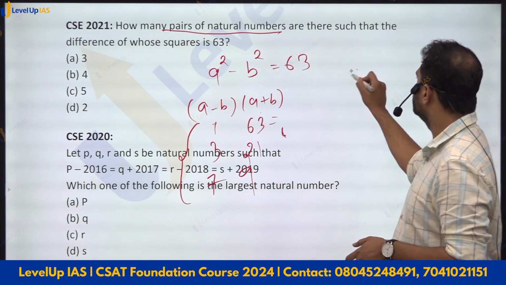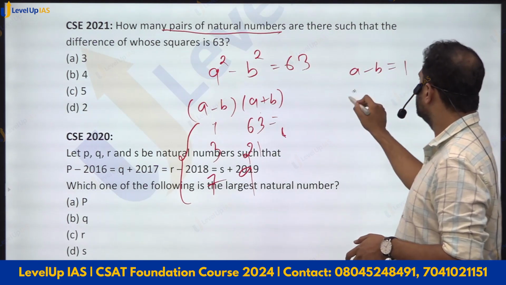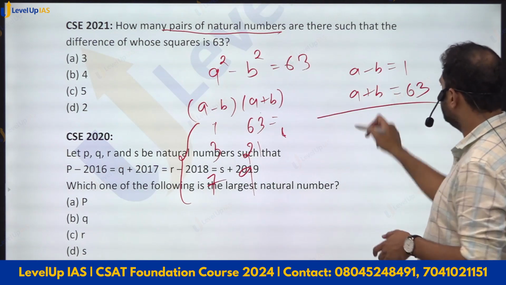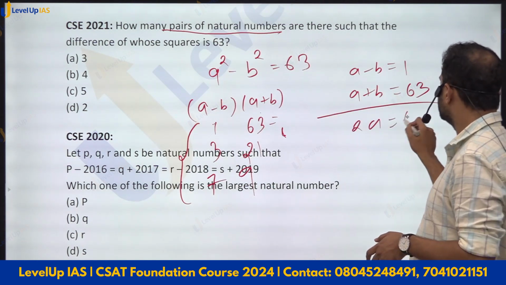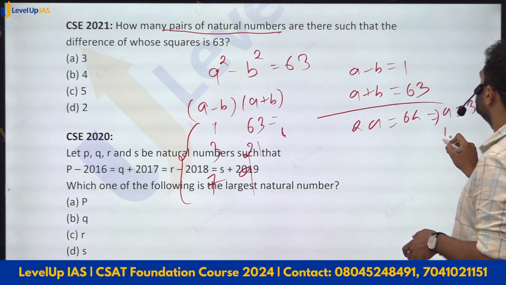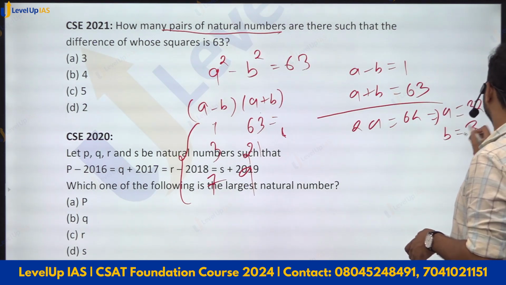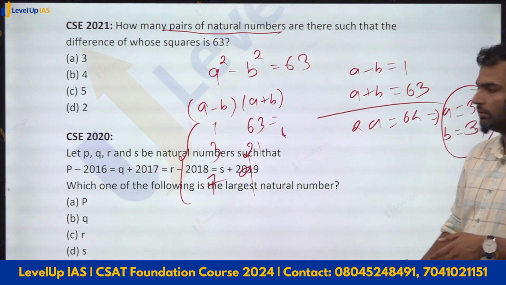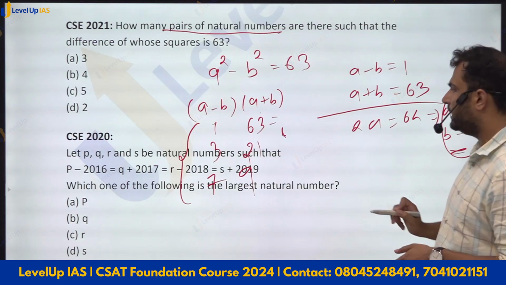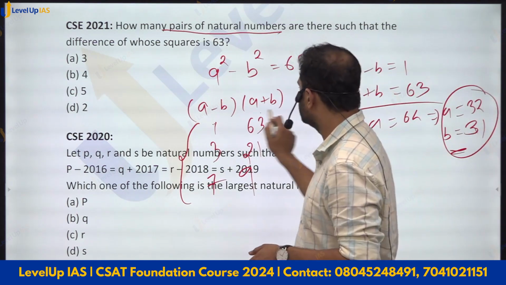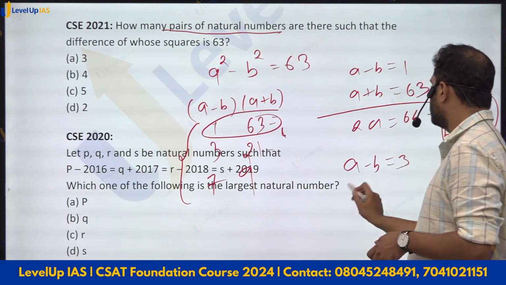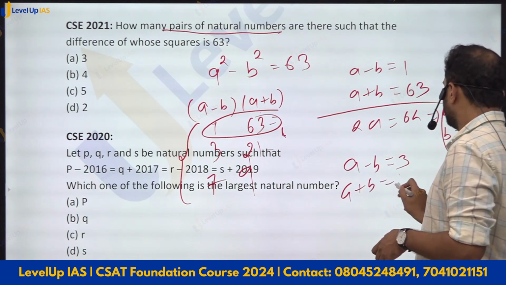So if A minus B is 1 and A plus B is 63, we can add them. So 2A is equal to 64, which implies A is equal to 32 and then B is equal to 31. That is one answer. Both are natural numbers, so this is allowed. Next, A minus B is 3, A plus B is 21.